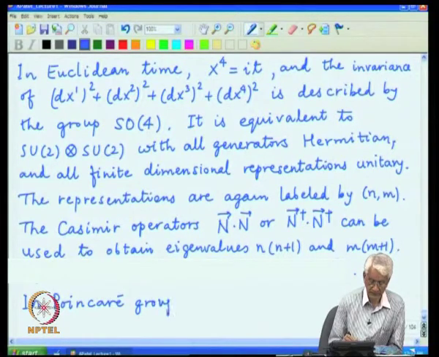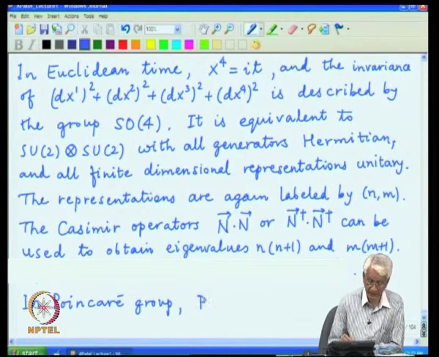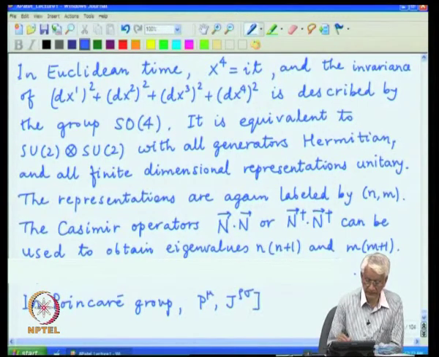So, we need the extra commutation rules between P and J, and one can easily work them out.